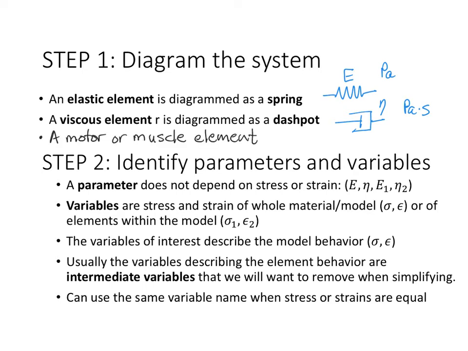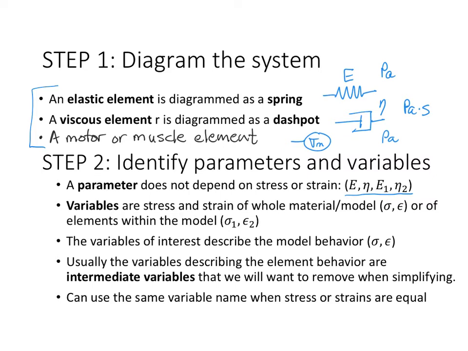We can also have a muscle or motor element that produces a given amount of stress, which then is also in pascals. So our second step is to identify parameters and variables. Our parameters are things that are defined in the material that don't depend on the stress and strain of the material. That is, they are the properties of these elements.